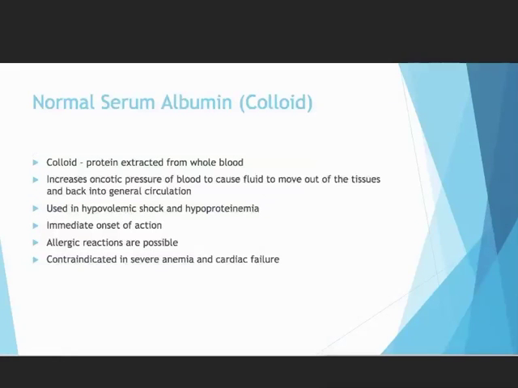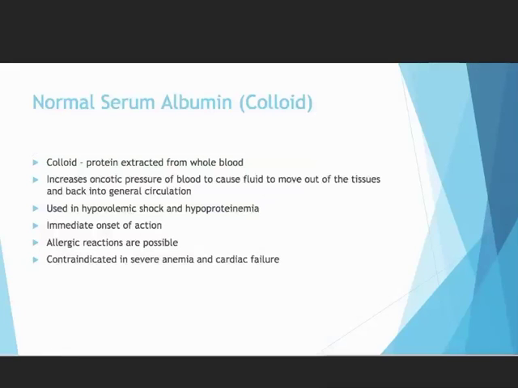And then we said albumin, remember, is your protein-based, larger molecule. This causes an increase in oncotic pressure of blood to cause fluid to move out of the tissues back into general circulation to increase plasma volume. And so it's very helpful in shock-like situations because that's when I really need to restore fluid volume status, plasma volume, to maintain adequate circulatory support. Immediate onset of action for that reason.